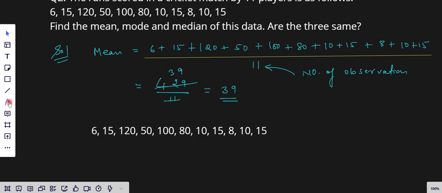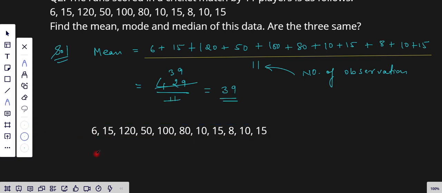For mode, check which value is repeating more frequently. So 15, 15 and 15. So 15 is appearing 3 times in the observation. So I can say that the mode of this observation is 15.